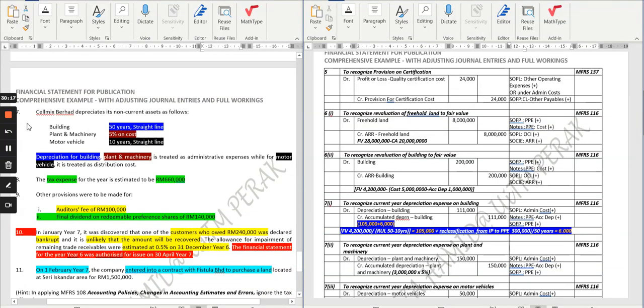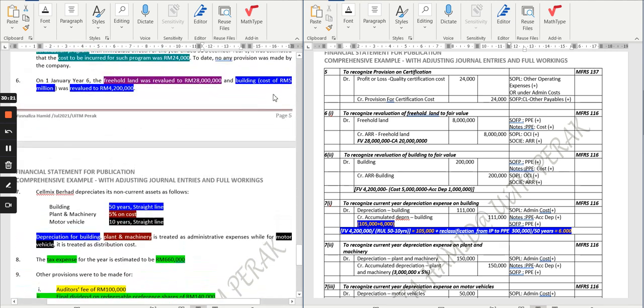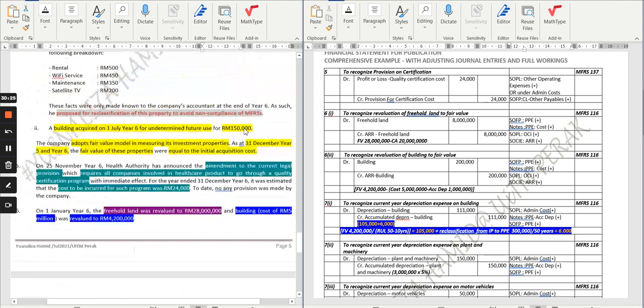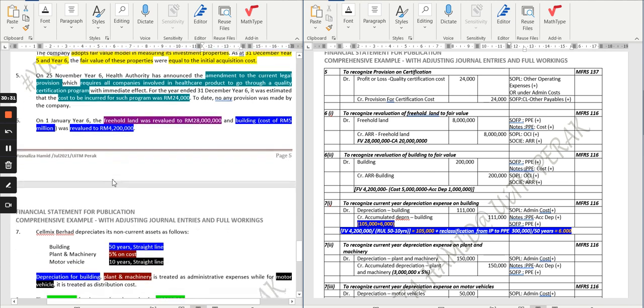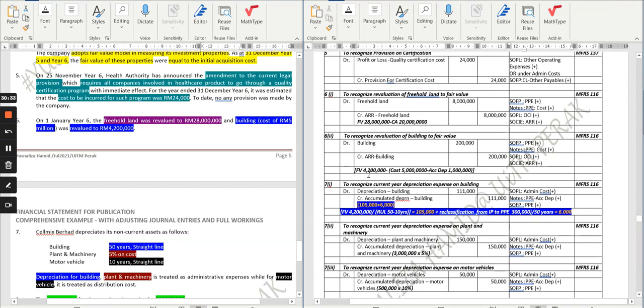These are the depreciation information, number 7. But before that, you have the building. The building was also revalued. The cost of the building was 5 million, and it was revalued to 4.2. So what you need to do is find out the fair value, which is given as 4.2 million. The next thing is to find out the carrying amount.